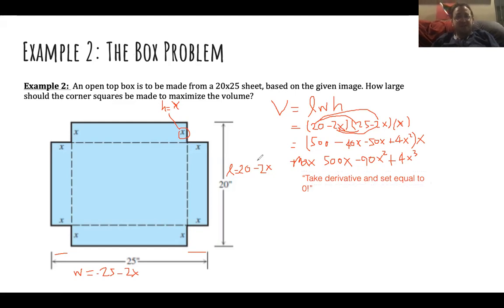So when we do that, I'm going to get 500 minus 180x plus 12x squared.